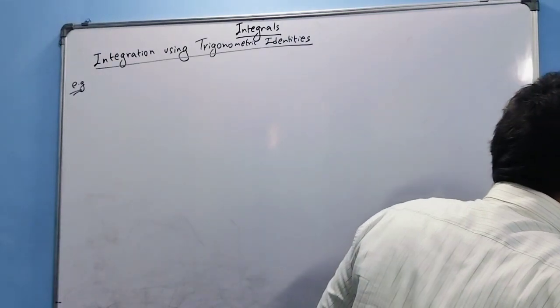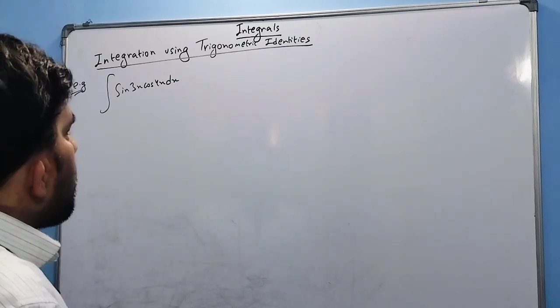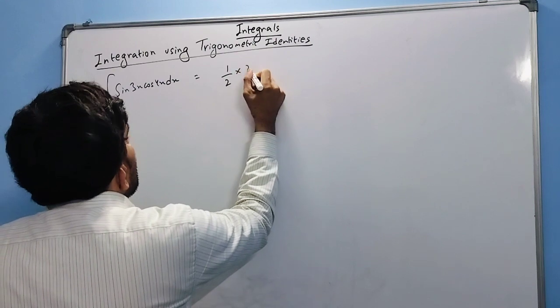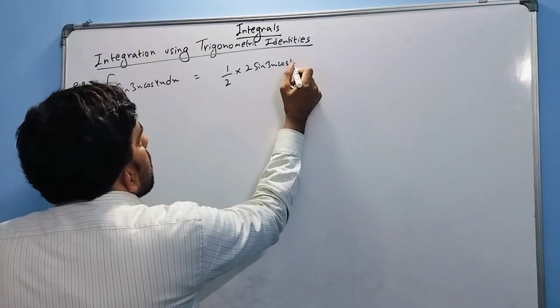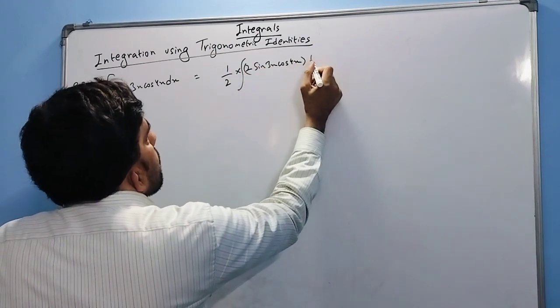So we have the question: integral of sin 3x cos 4x dx. Here we can apply the identity by dividing by 2 and multiplying by 2, giving 2 sin 3x cos 4x.